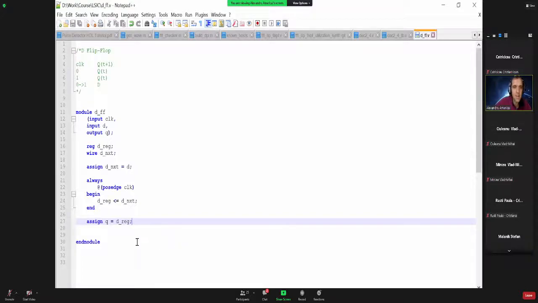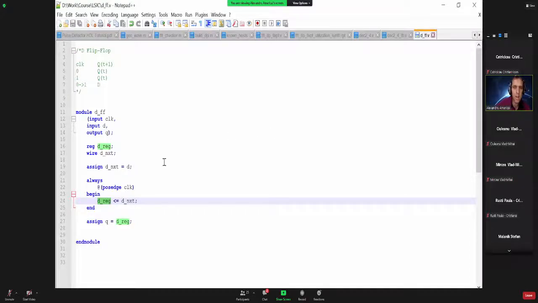So basically the dreg, which is somehow the output of this always block, is constant, or stable, at all moments except the rising edge of the clock. So on the rising edge of the clock, the dreg becomes the next.